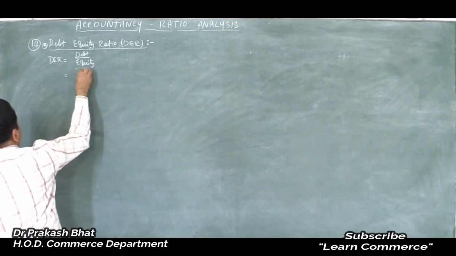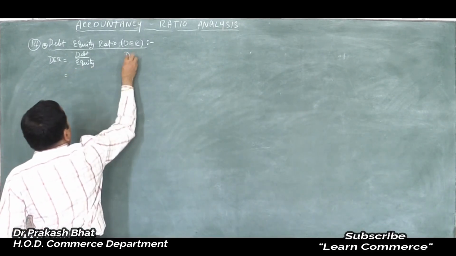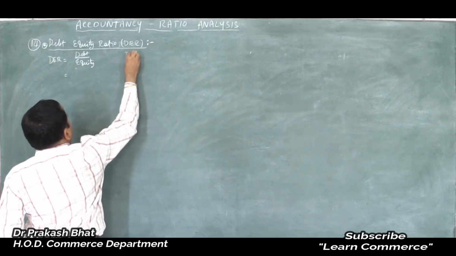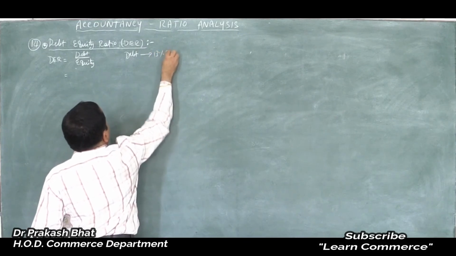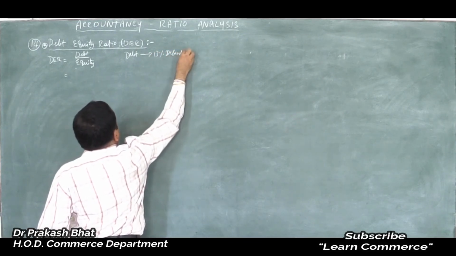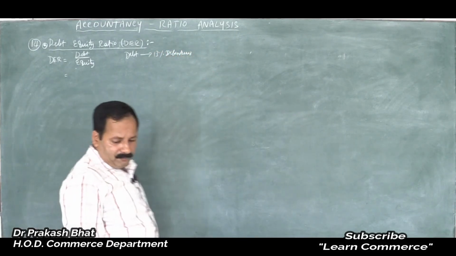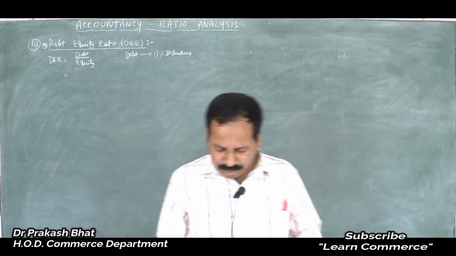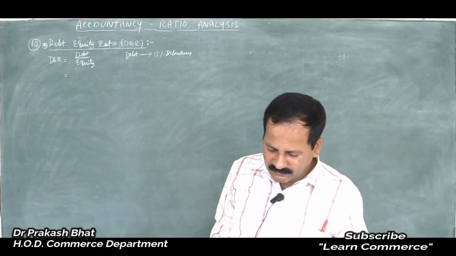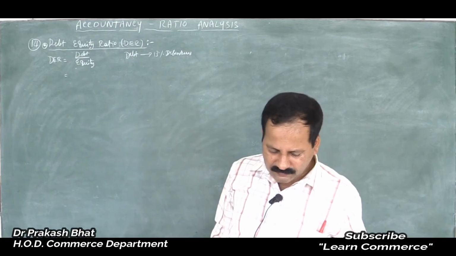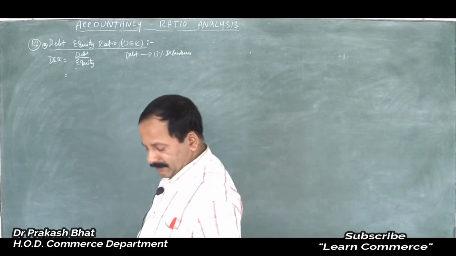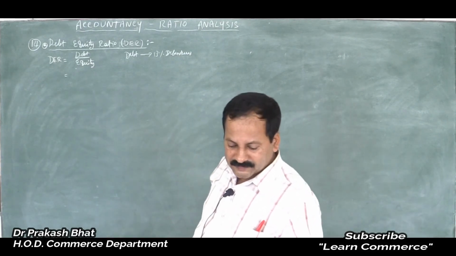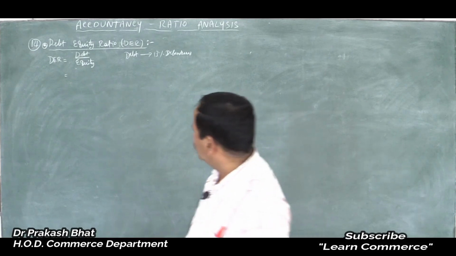Let us write debt is equal to 13% debentures. Nothing else, only one item. Then what else? Equity, shareholders funds, very clearly given, 4 lakh.